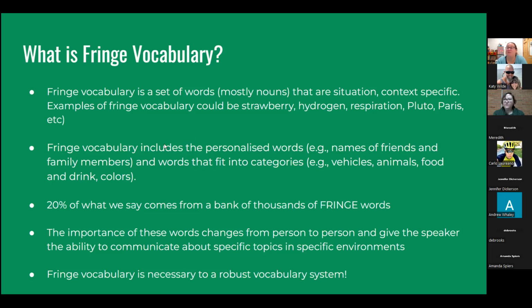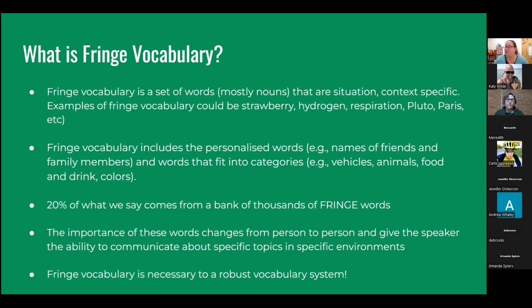All right, so the fringe vocabulary. Fringe vocabulary is a set of words, mostly nouns, that are very situation or context specific. Some examples of these words would be strawberry, cookie, pretzel, those words that we saw in that first little activity. They could also be words like hydrogen or respiration, Pluto, Paris.